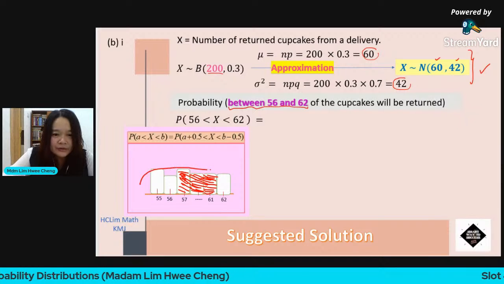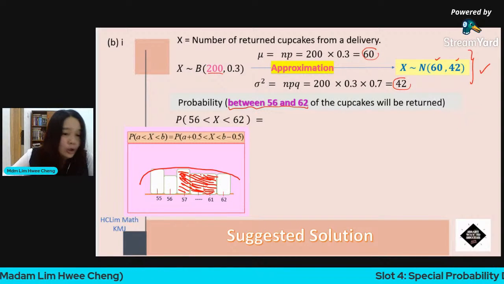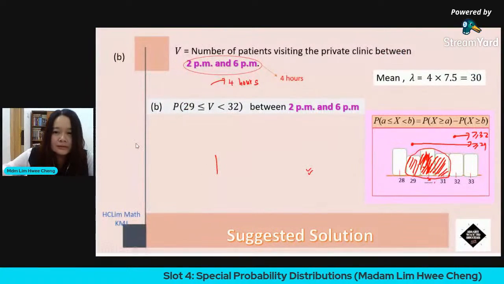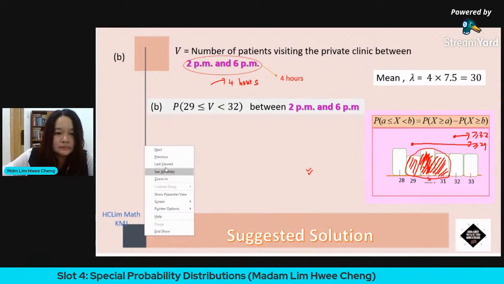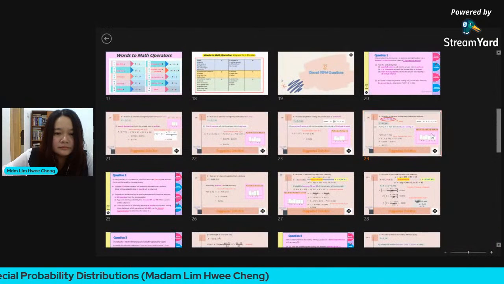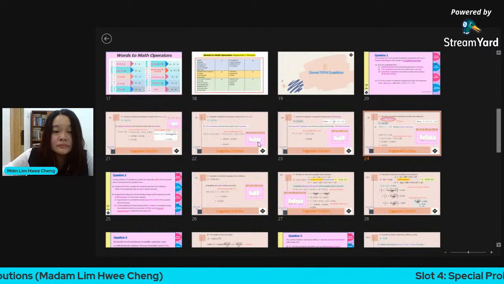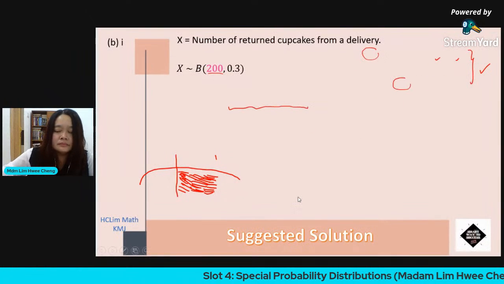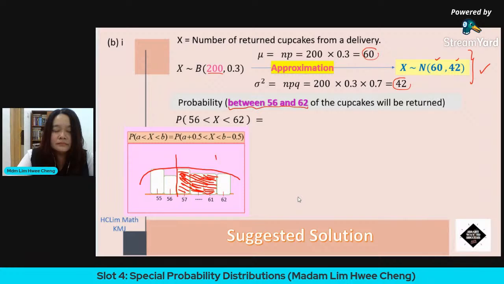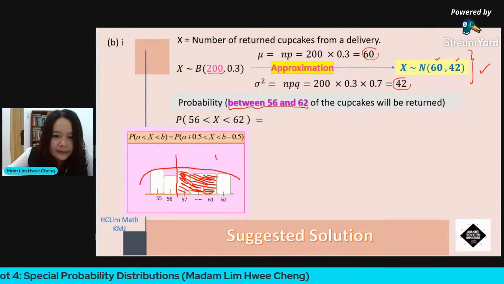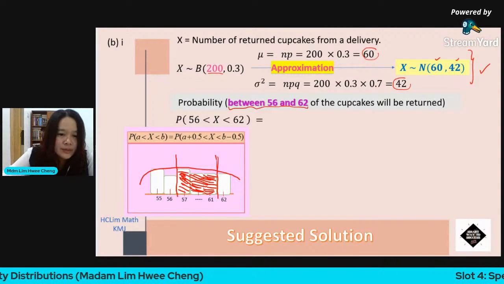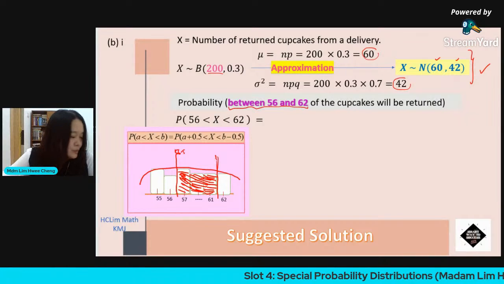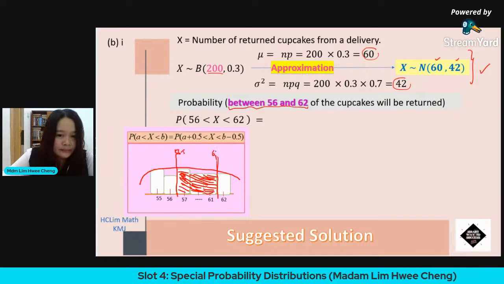Then I draw my normal bell and cut. I cut it here, so this one will be 56.5 and this one will be 61.5.